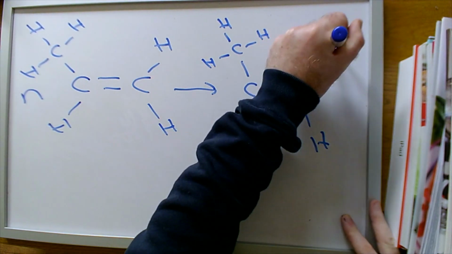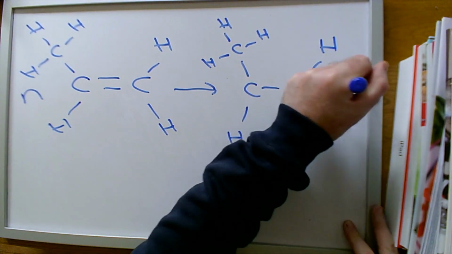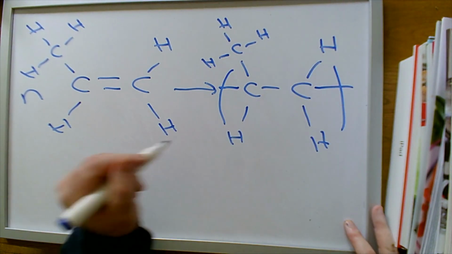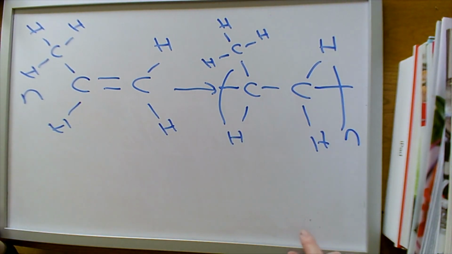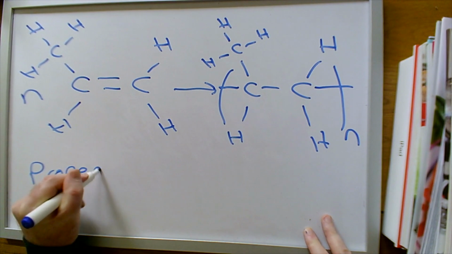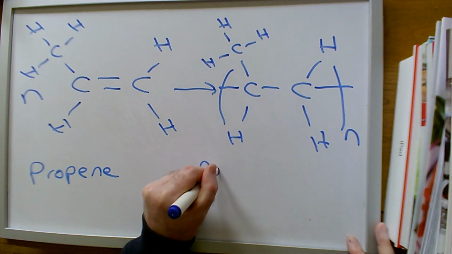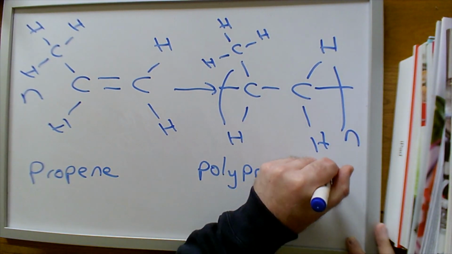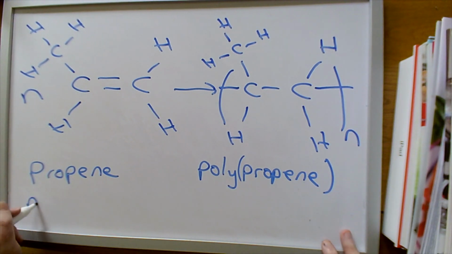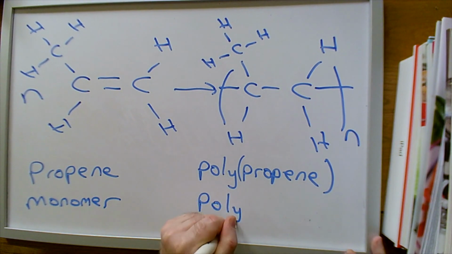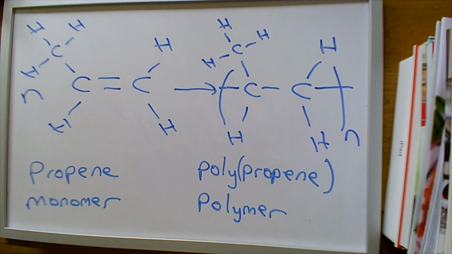I just break the double bond, put a single bond where the double bond used to be, and draw bonds to show that this goes on, and I put a little n by the brackets, and this tells us that the repeating unit is repeated n times. If I have n propene molecules, the repeating unit is repeated n times. If I had 1,000,000 propene molecules, the repeating unit is repeated 1,000,000 times. Propene is a monomer, and the polymer is called polypropylene.